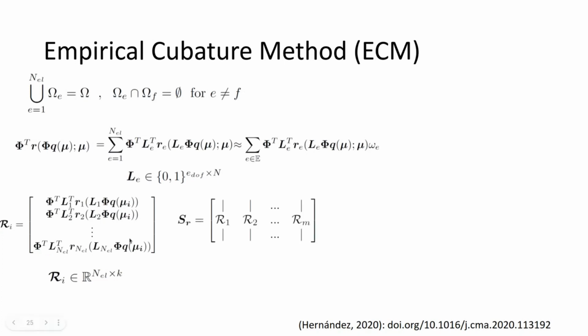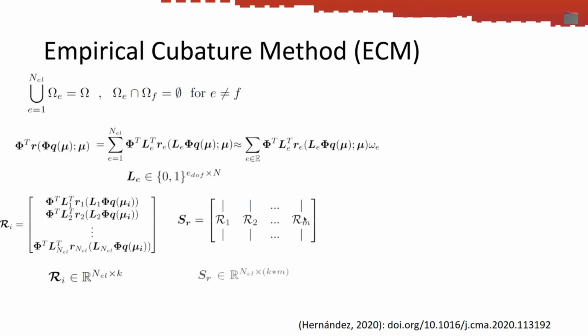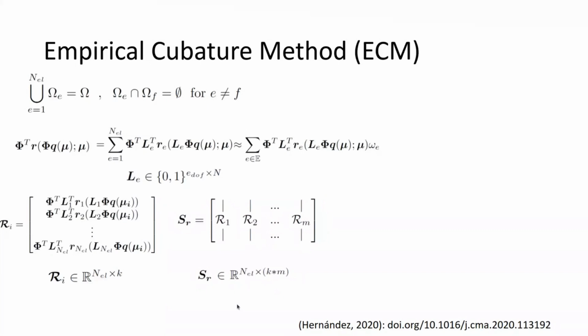Of course, this calligraphic R matrix would be number of elements by number of modes. And then if we stack many of these calligraphic R's for parameter 1 up until parameter m, we will get another snapshot matrix, but of snapshots of projected residuals, with dimensions number of elements by modes by number of scenarios. So this matrix can be huge. And that's why we also need these libraries for parallelizing. This computation might be very, very expensive, at least in terms of memory.